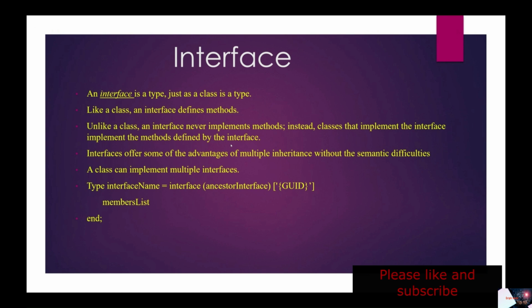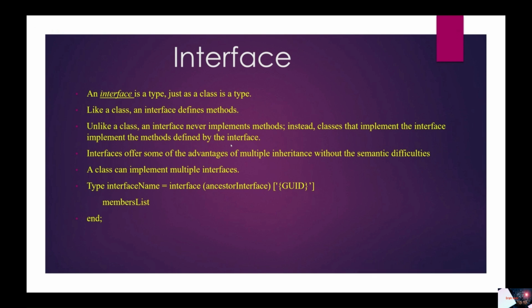Interface offers some of the advantages of multiple inheritance without the semantic difficulties. A class can implement multiple interfaces, right? That way we achieve multiple inheritance in Delphi, because we can't inherit multiple classes in any class. But we can inherit multiple interfaces in a class.